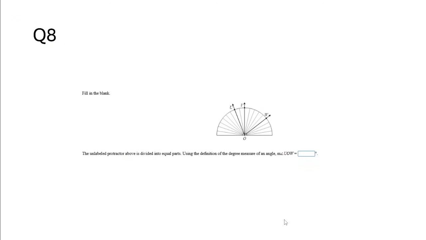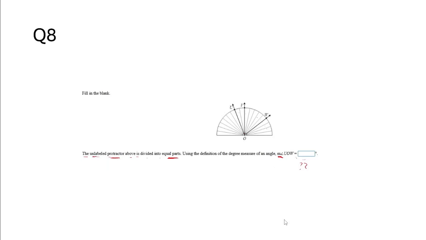Question number 8. Here it says the unlabeled protractor above is divided into equal parts. Using the definition of degree measure of an angle, the measurement of UOW is what we want to know.